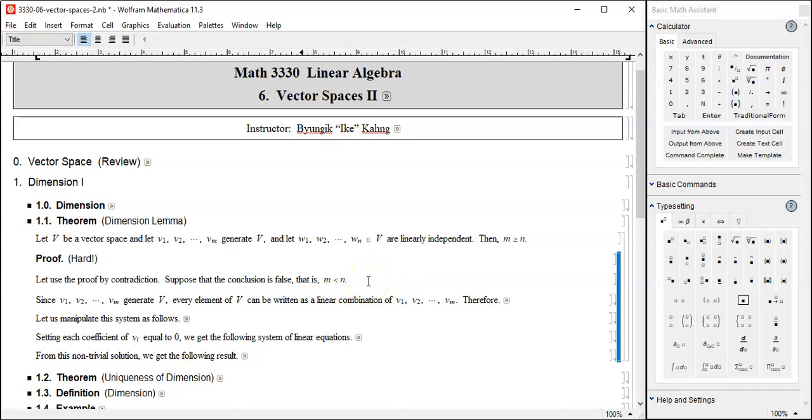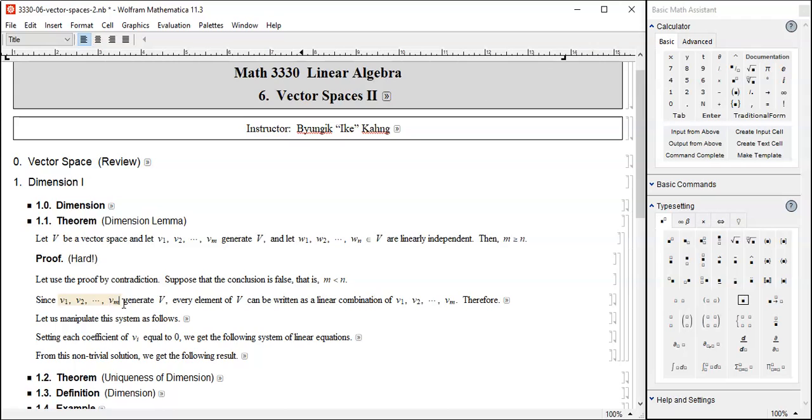We're going to use proof by contradiction. Suppose that the conclusion is false and we begin by m is strictly less than n. And then in the end, we are going to get a contradiction.